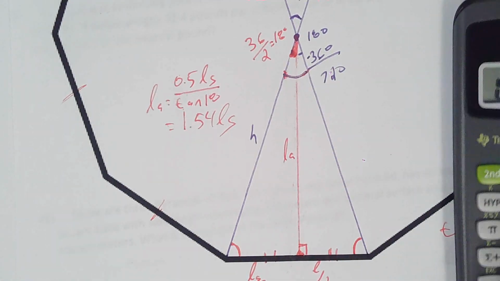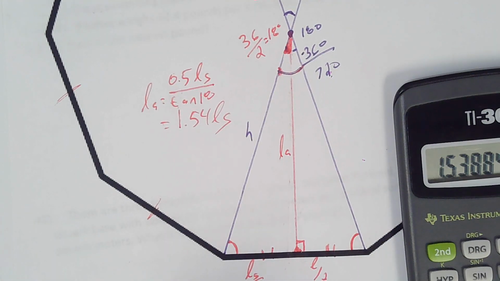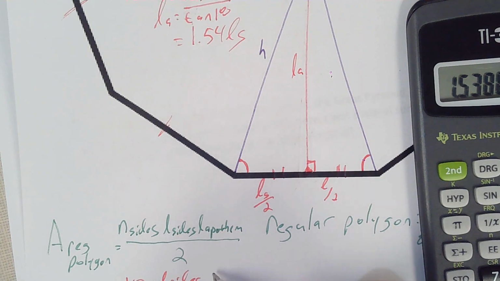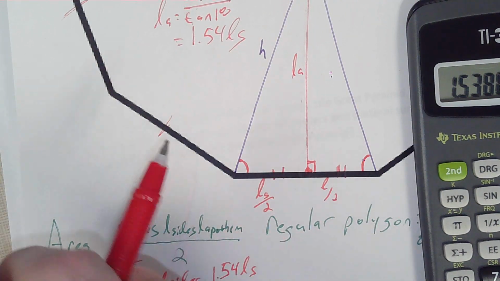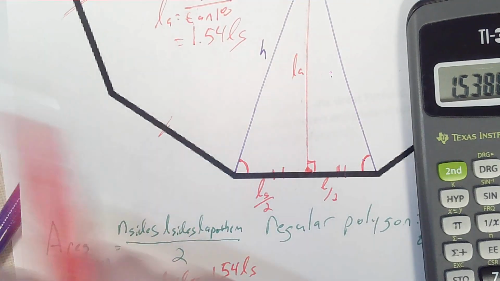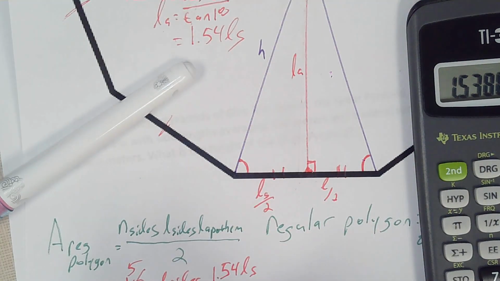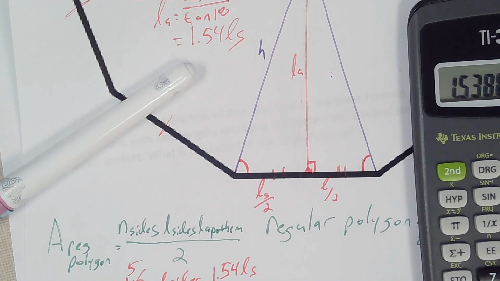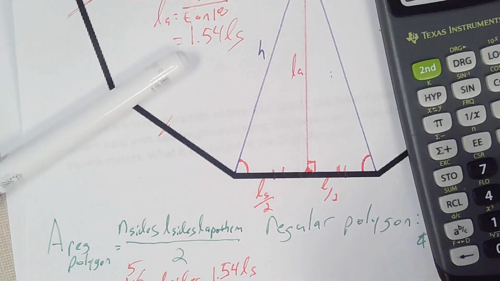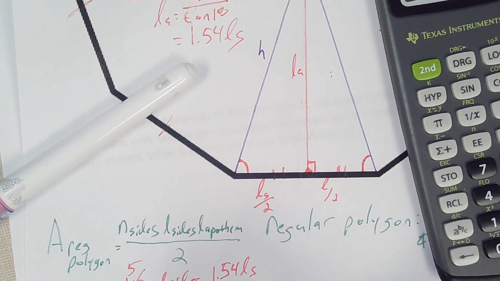Now I can take this as the length of the apothem and put in 1.54 times the length of the side, divided by 2. Turn that into 5, right? So I'll have 24.3 equals 7.7, because this times 5 is 7.7, times the length of the side squared.